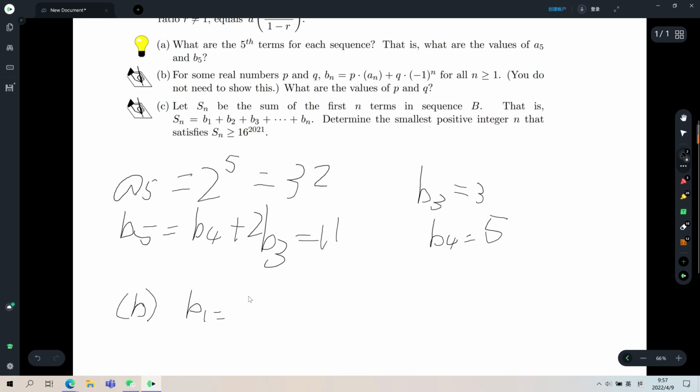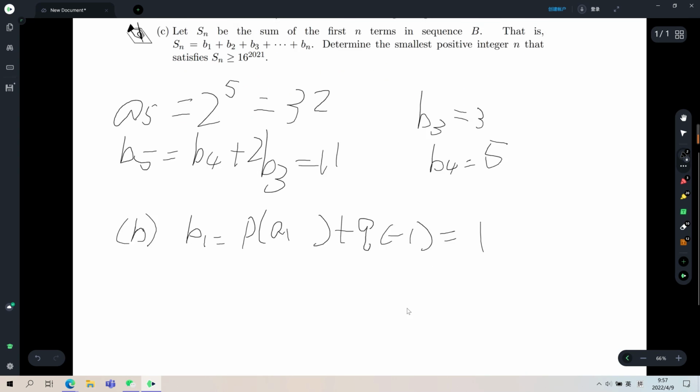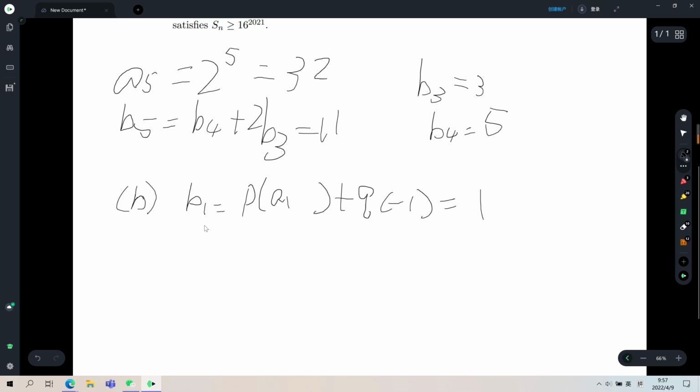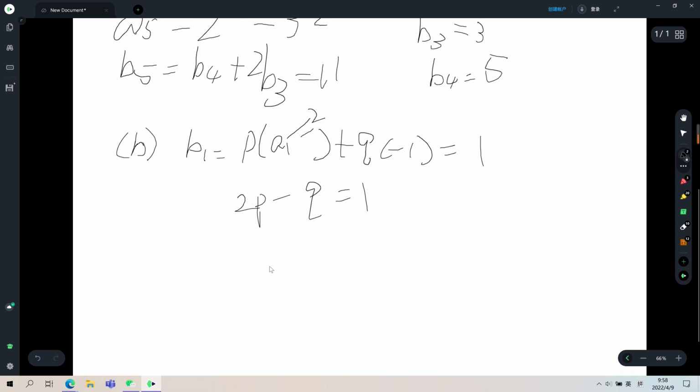That would be equal to p times a1 plus q times negative 1. And this would be equal to 1 because b1's value is 1. Also a1's value is 2. Therefore, we can get 2p minus q equals 1.